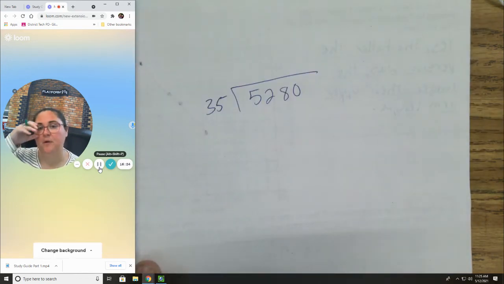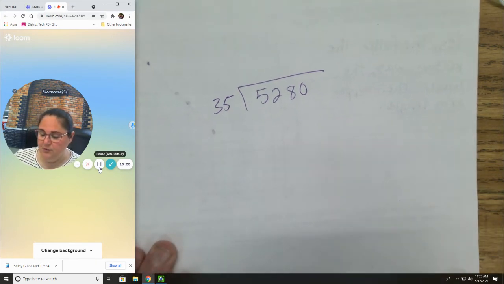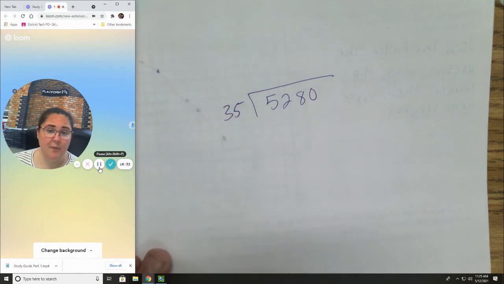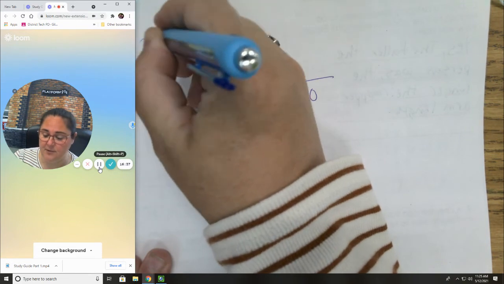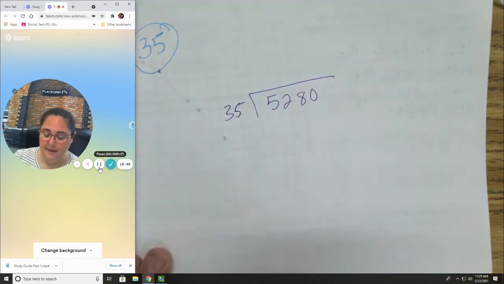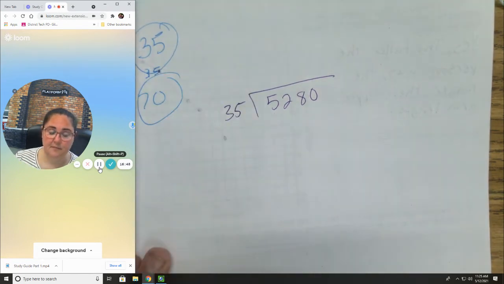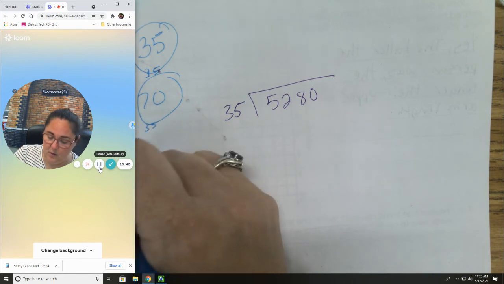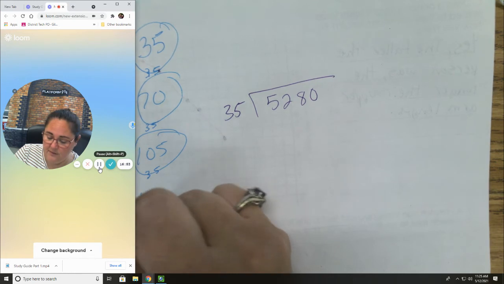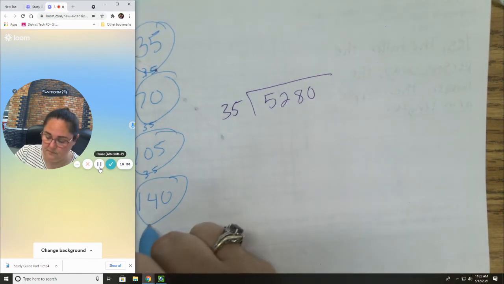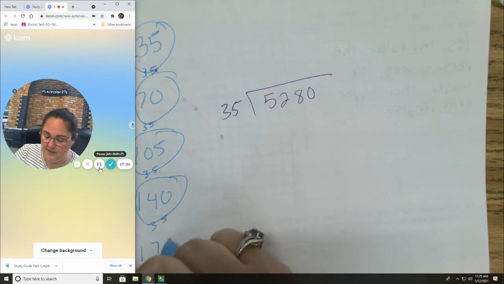All right, I flipped my paper over so I had more room because I know I needed more room to write. I also showed you this trick. You guys should know this trick, but I don't know my 35s. I just don't. So I'm going to start by writing my multiples. So 35 times 1 is 35. If I add 35 to it, that equals 70. 105. 140. 175.